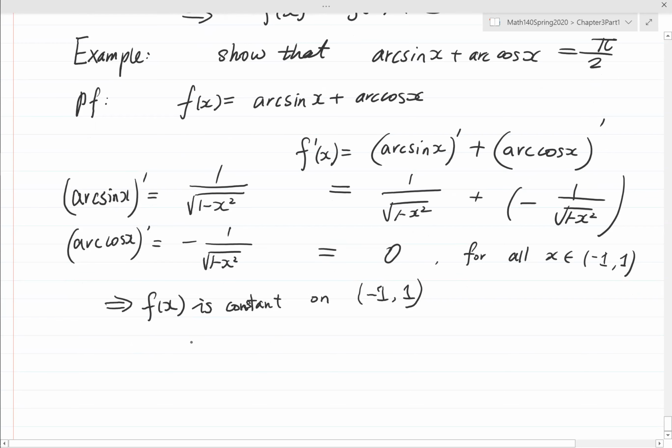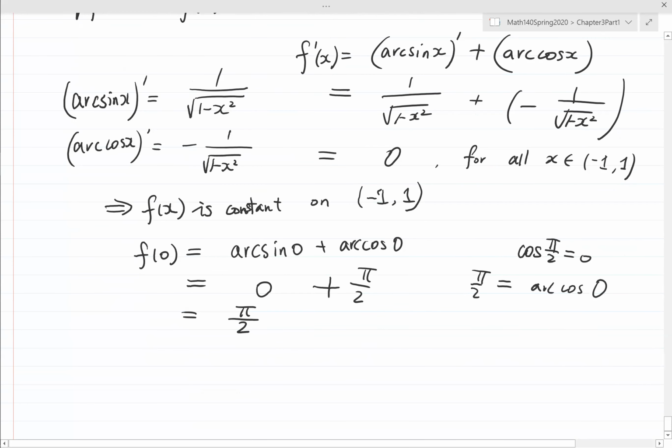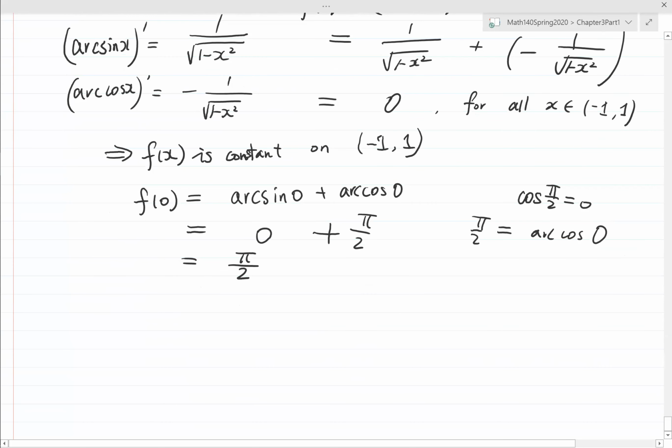So f(0) is arcsine 0 plus arccosine 0. Now we know sine 0 is 0, so arcsine 0 is 0. We know cosine of pi over 2 is 0, so pi over 2 equals arccosine 0. So this is 0 plus pi over 2, we get pi over 2. So the function is constant on the open interval negative 1 to 1, and its value is pi over 2.